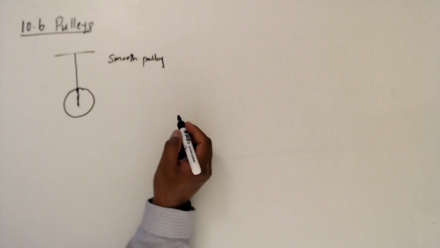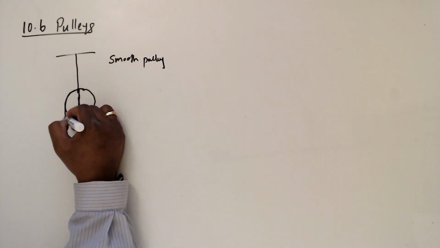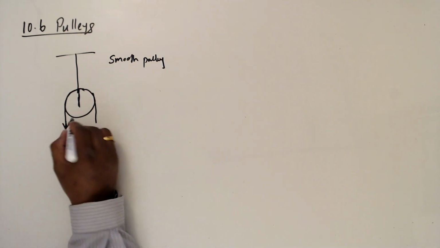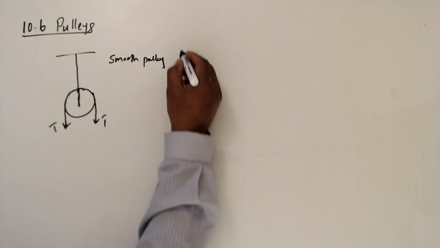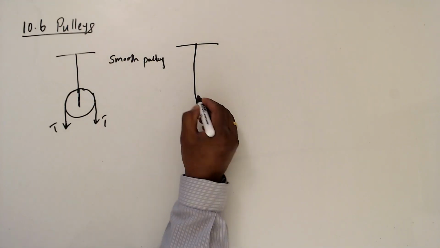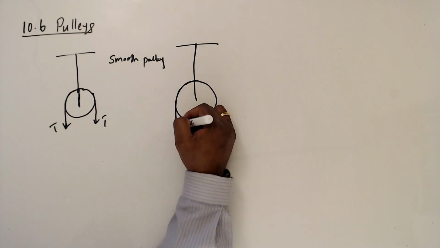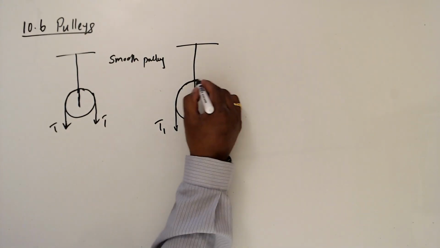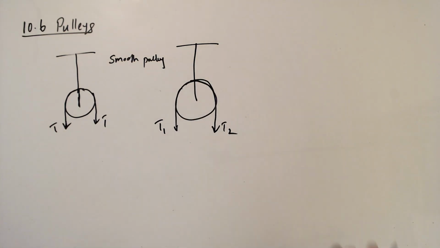If it is a smooth pulley, then the data we have to absorb from there is the tension on both sides is the same. If it's not, then the left side is, let's say, T1, and the other side tension is T2.